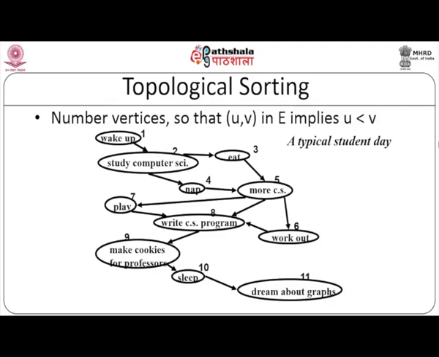Now, look at the topological ordering of a typical student day. Wake up, study computer science, eat, study more computer science, take a nap. You can eat and then take a nap, it does not matter, or you can take a nap and then eat; either way is fine. Then after eating and napping, you study more computer science.